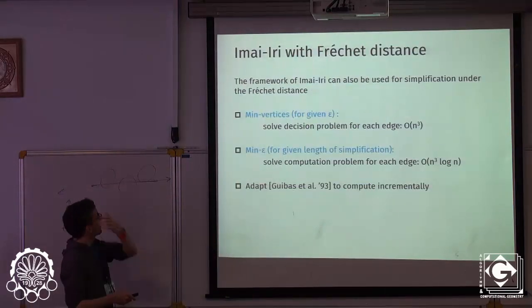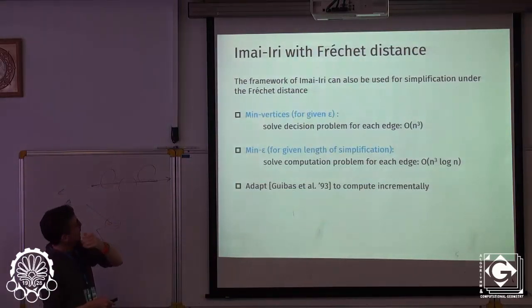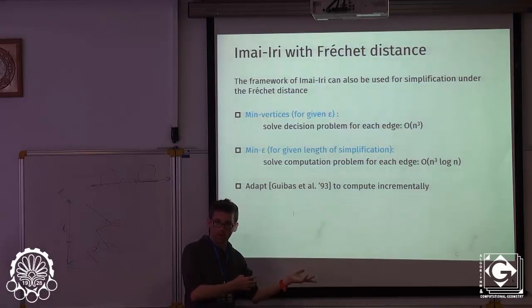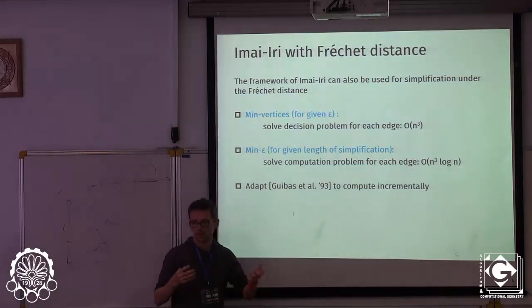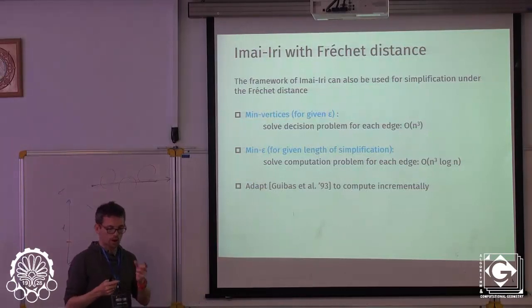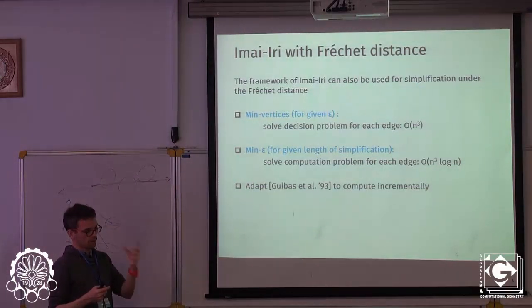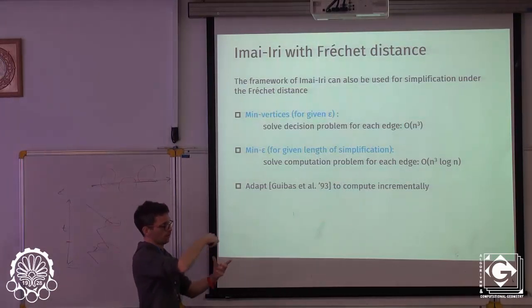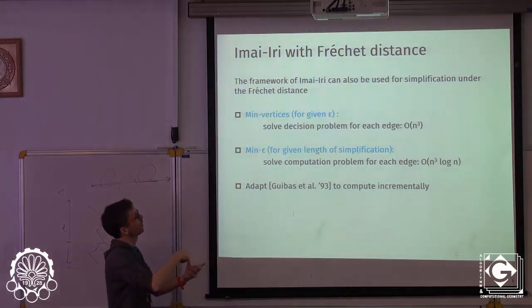So if I want to do it for the Fréchet distance, then I can use exactly the same framework, but this improvement that I just showed you was special to the Hausdorff distance. So what I will now have to do is test for segments whether the Fréchet distance to the subcurve is small.